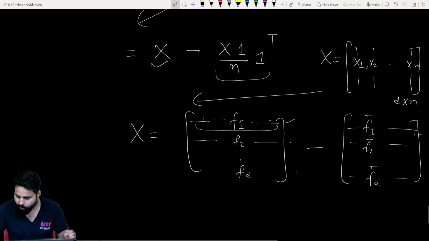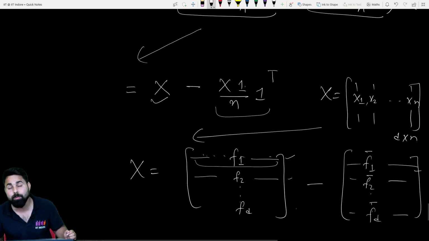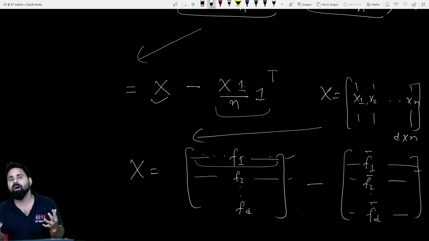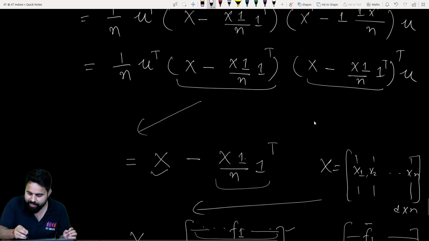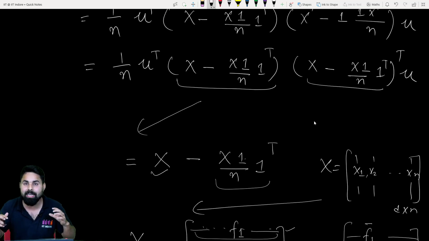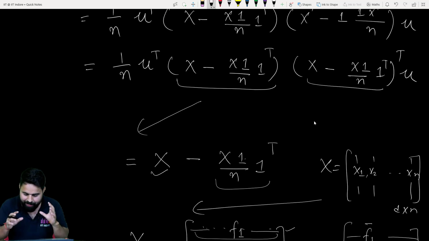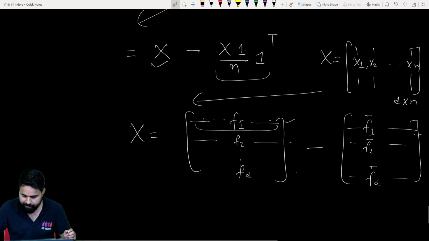Very good. Now from the data matrix we are subtracting the mean of every feature, and then taking the transpose of it. That means this is basically the variance, in fact the covariance, between different features. Between any two features, this will give you the covariance.